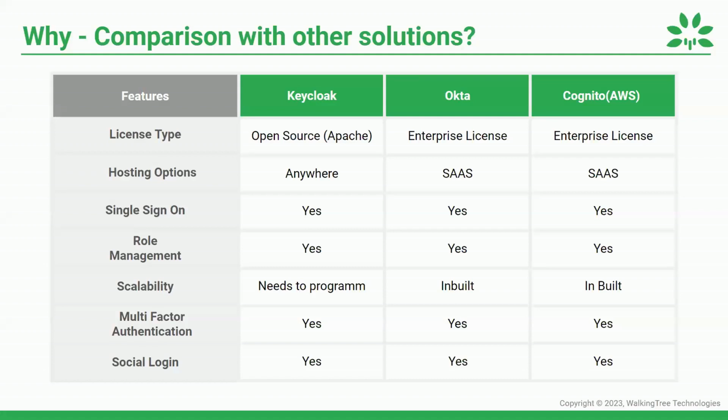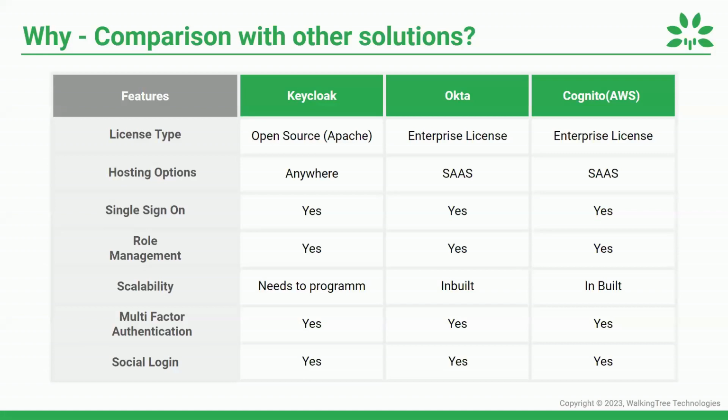Okta and AWS Cognito are provided as a SaaS service, software as a service, so the scalability part of it is inbuilt, or will be taken care of by the providers, Okta and AWS, as an inbuilt service.